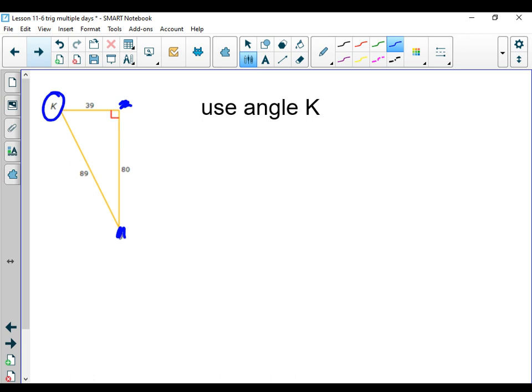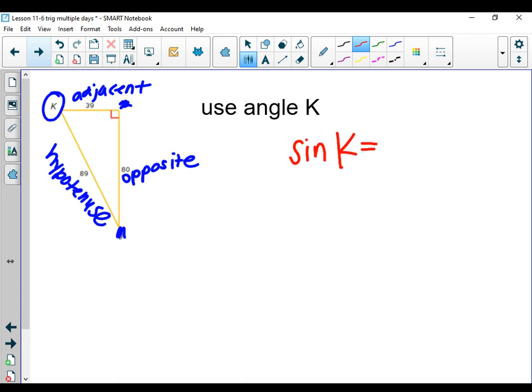K. You're in. I and J, you're out. Godiva, which one's the hypotenuse? Mason, which one's opposite? 80. Next two must be this one then. Zach Hellstrom, top of sine. The opposite leg, which would be 80.